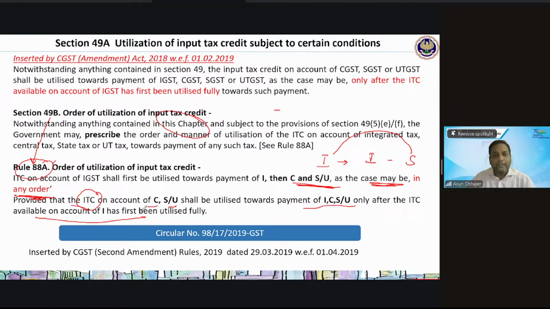What does the proviso say? It says you can use the ITC of C, you can use the ITC of S. Now they are saying ITC of C and ITC of S can be given to ICS, whatever you want, no problem, but only after the ITC of I becomes 0.